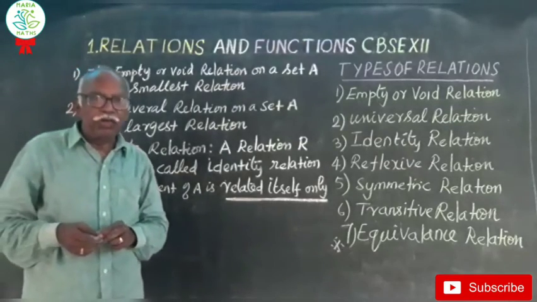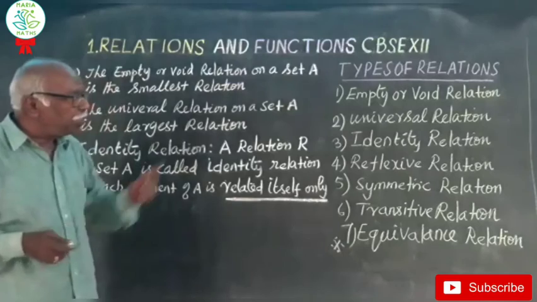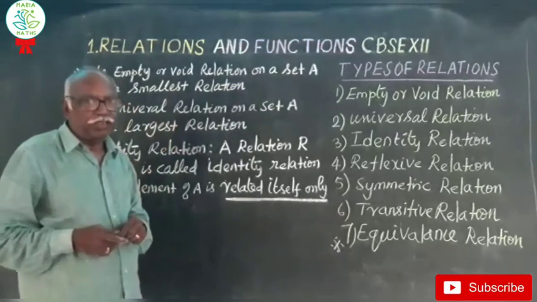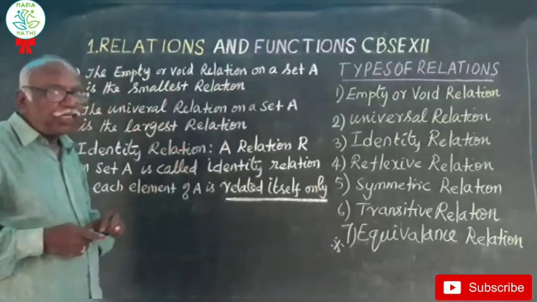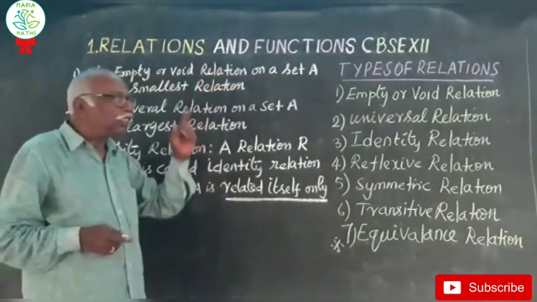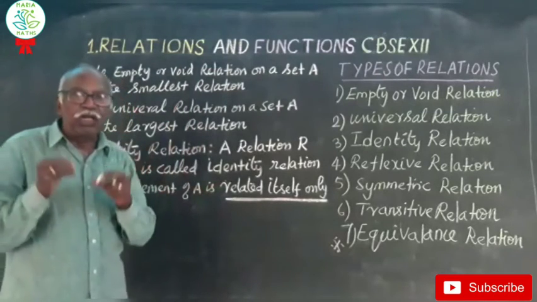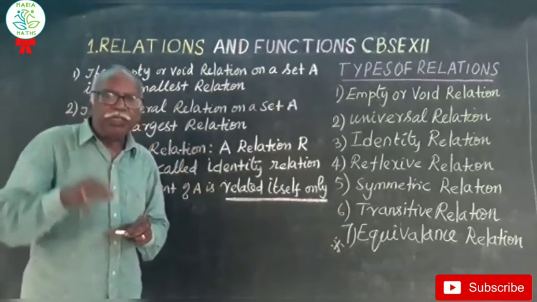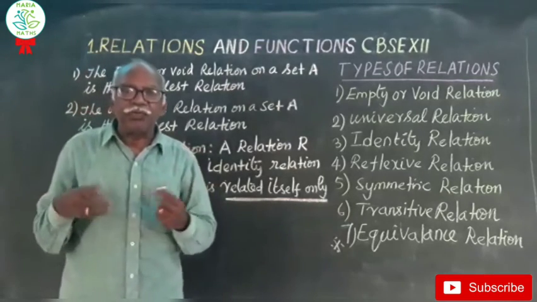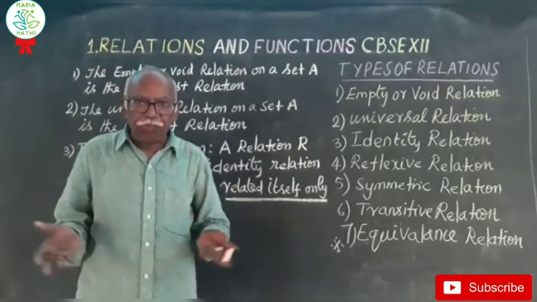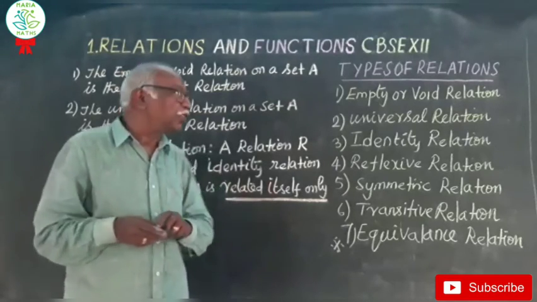We have already learned what is meant by empty relation or void relation and universal relation. Out of these two relations, the empty relation or void relation on set A is the smallest relation. Why? Because in empty relation, no element of A is related to any element of A. There are no possible ordered pairs.